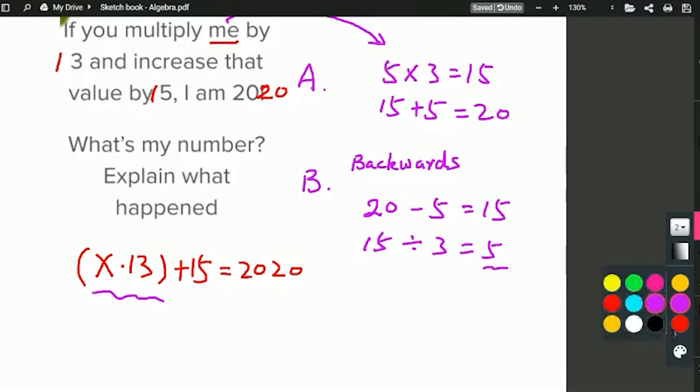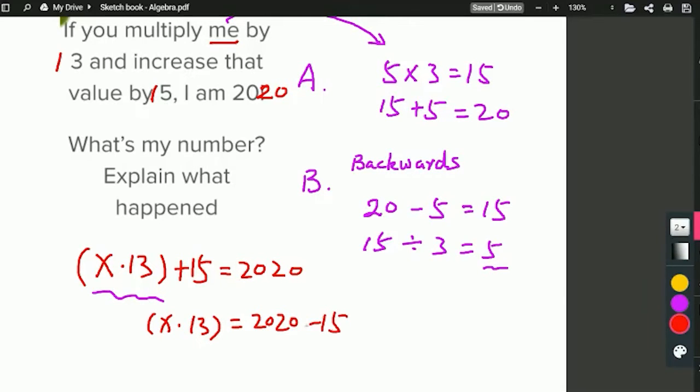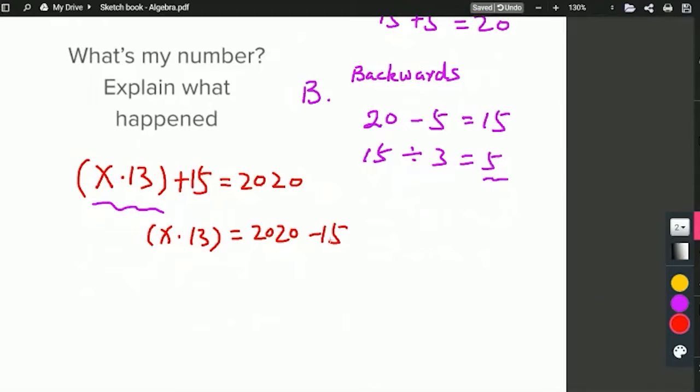So that means this part alone is equal to 2020 subtract 15. And that will be 2005. Therefore, I can say X times 13 is 2005. So 13 times X is 2005, so X is 2005 divided by 13.